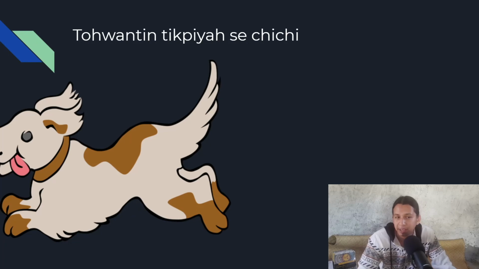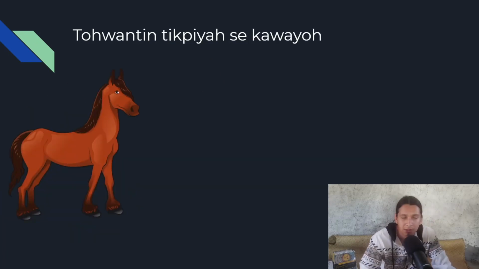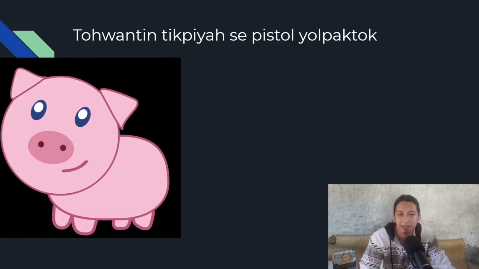Tojuantin ticpia sechichi. Pia means to have. So this must mean we have a dog. Tojuantin ticpia se caballo. Tojuantin ticpia se pizzotl yolpactoc.